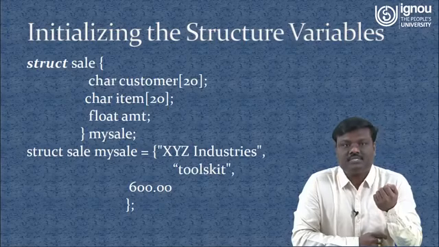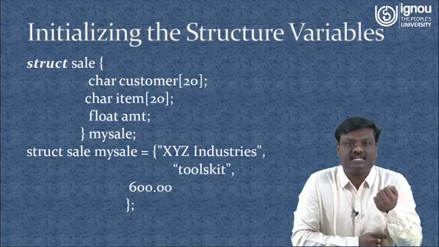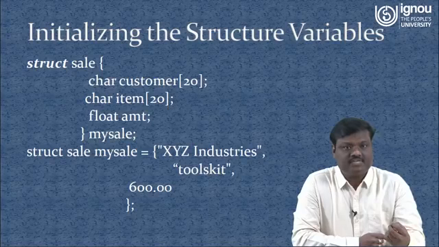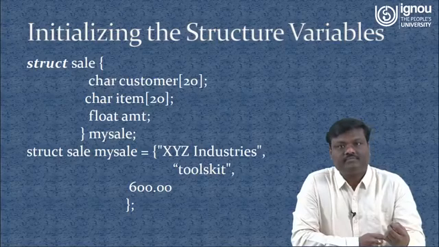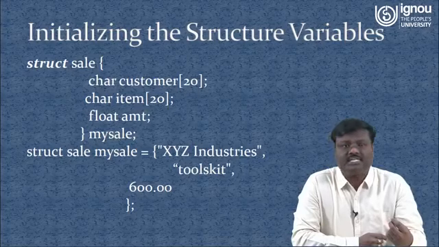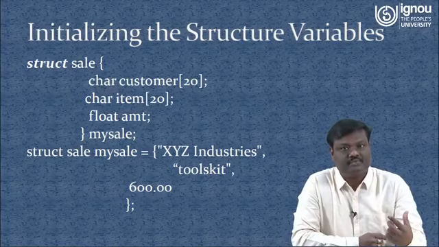For example, here a sale structure is taken with 3 data items, or members: the customer's name, item, then amount. The first one is an array, the item is also an array, and amount is float. Here one structure variable is declared, that is struct sale, my sale is the variable.